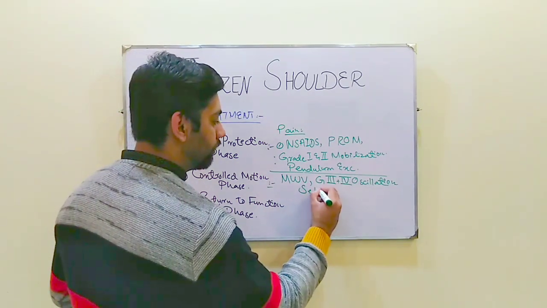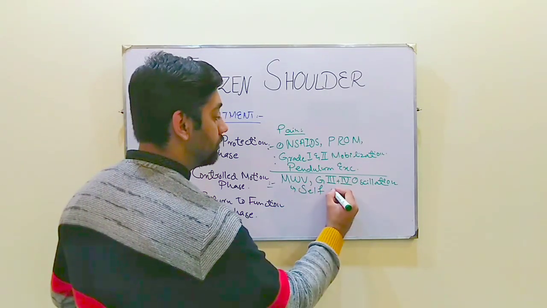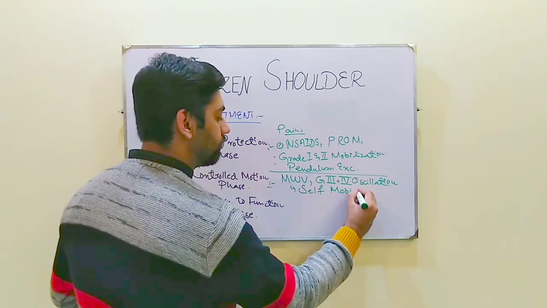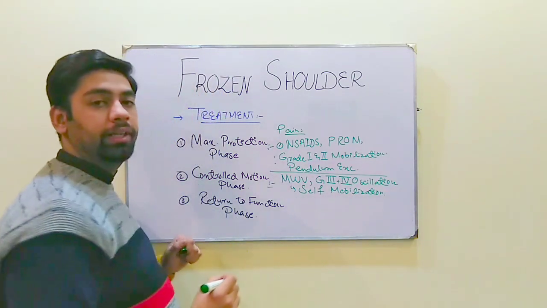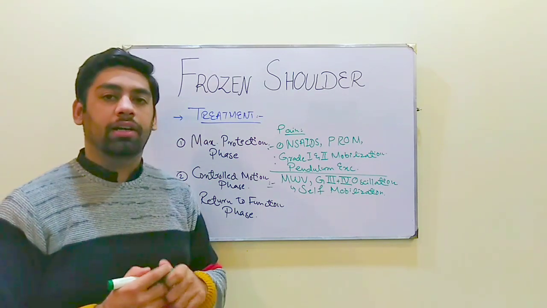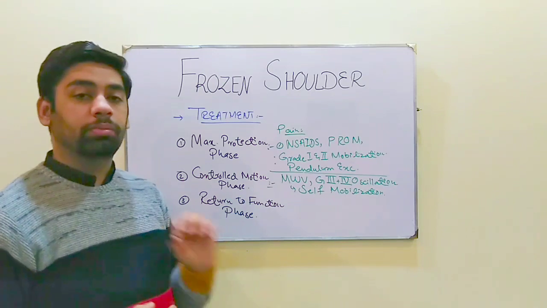We can also teach the patient different exercises for self-mobilization, which the patient can perform himself without the assistance of anybody else. So these are the interventions which we can give the patient during the controlled motion phase.